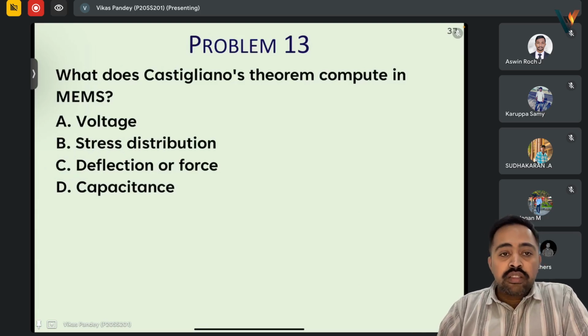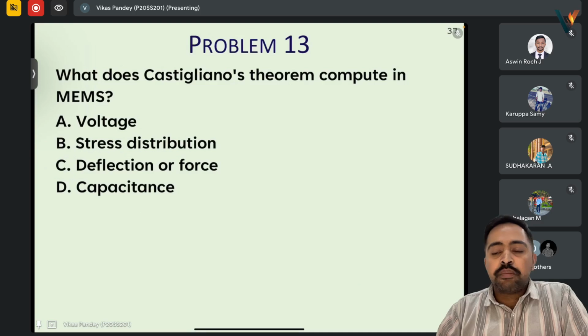What does Castigliano's theorem compute in MEMS? Voltage, stress distribution, deflection or force, or capacitance? Yes, anyone? We saw somewhere, when we were talking about AFM tip and cantilever, right?